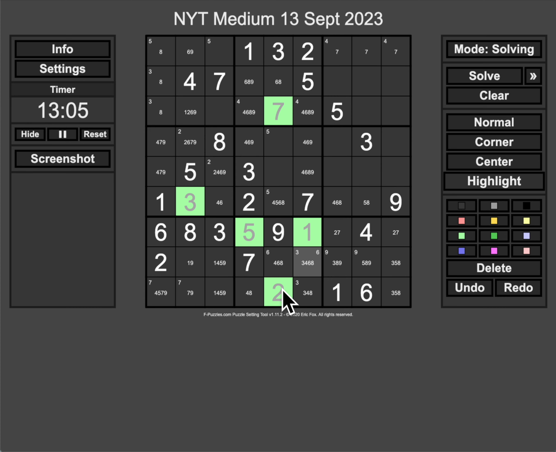Hmm. 4, 5, 7 in row 2. What does that do? Especially for these cells, not much. That one can be a lot of things. Now, it cannot be 1, 2, 4, 5, 6, 7. This is 3, 8, or 9.